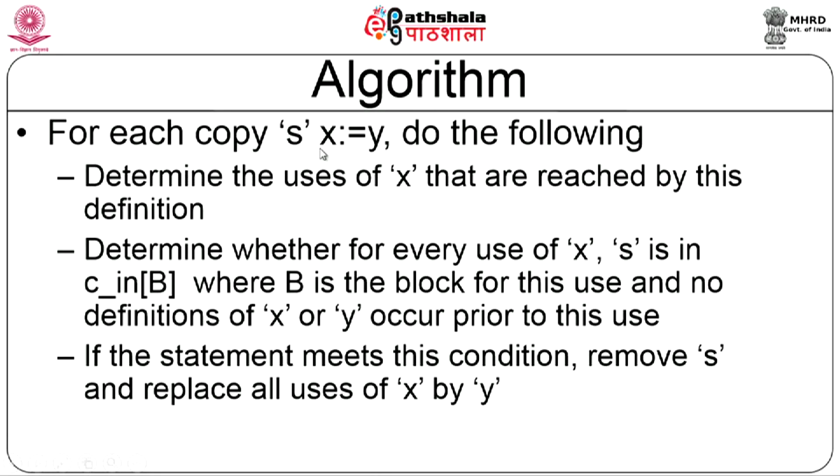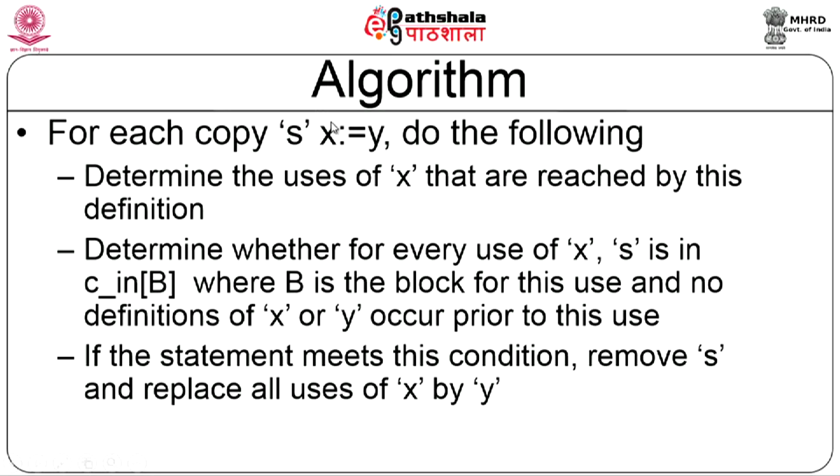So look at the UD chain, determine the uses of X that are reached by this particular definition, and determine whether for every use of X, S is in C in of B, where B is the block for this use, and no definitions of X or Y occur prior to this use.